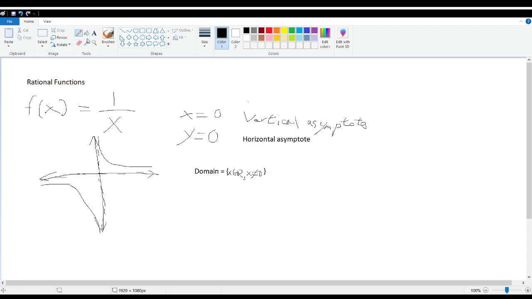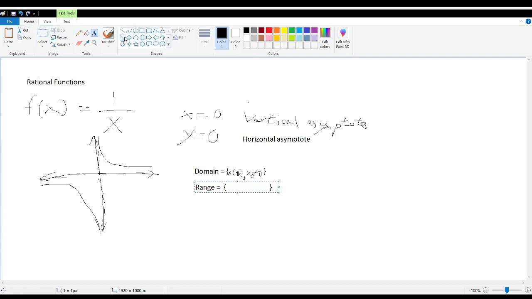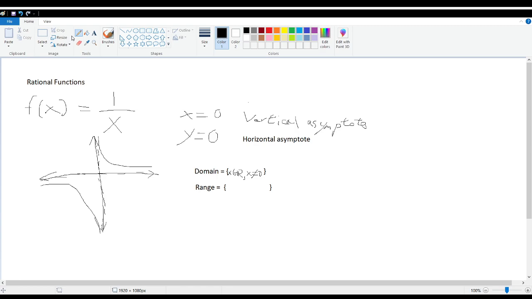The same goes for y. So right here, the range: y will be a real number, but it will not be equal to 0.